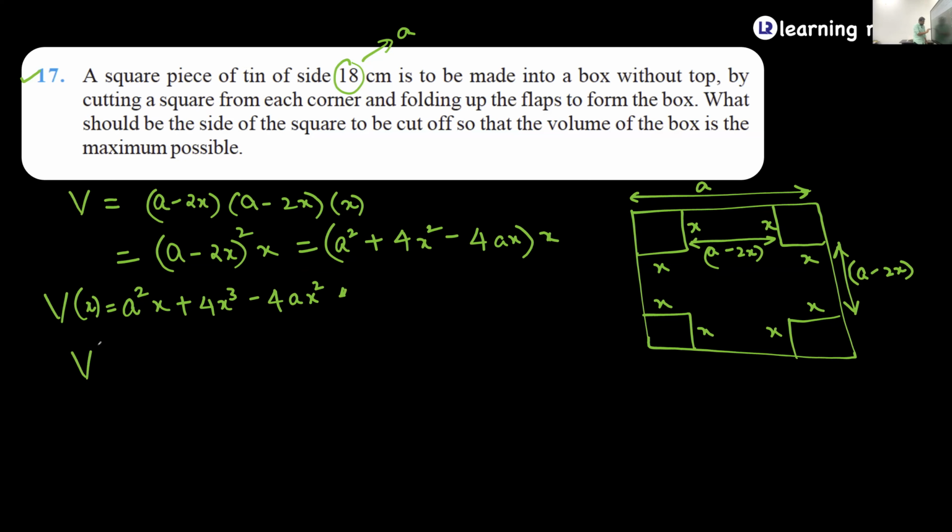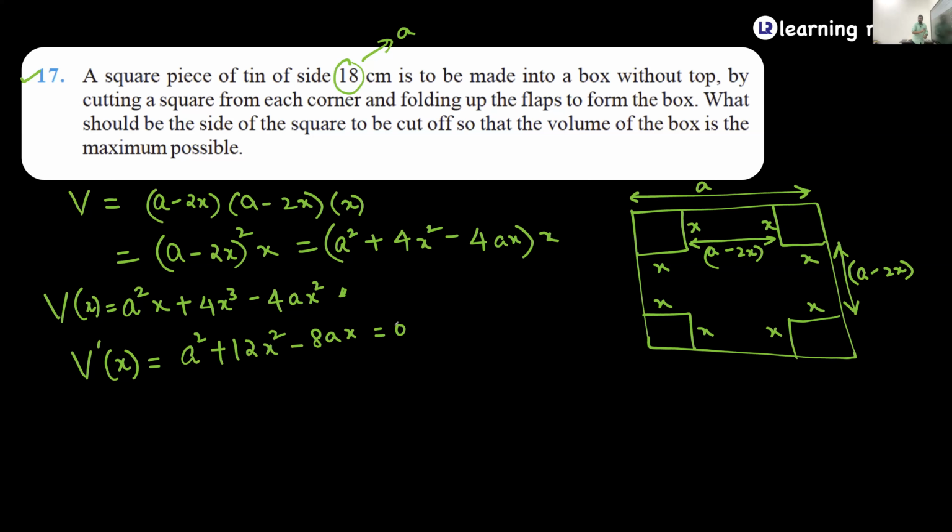So what should be the condition for maxima or minima? V dash of x should be 0. So what is V dash of x? It is A square plus 12x square minus 8ax equal to 0. Now I have no other option other than substituting 18, or else I'll not be able to solve.